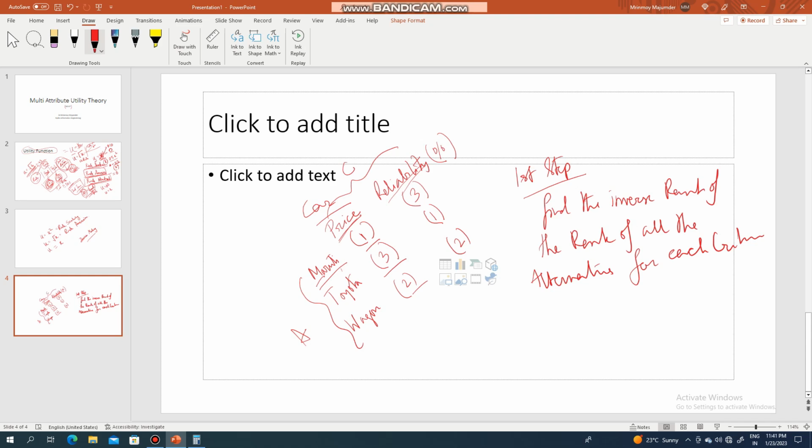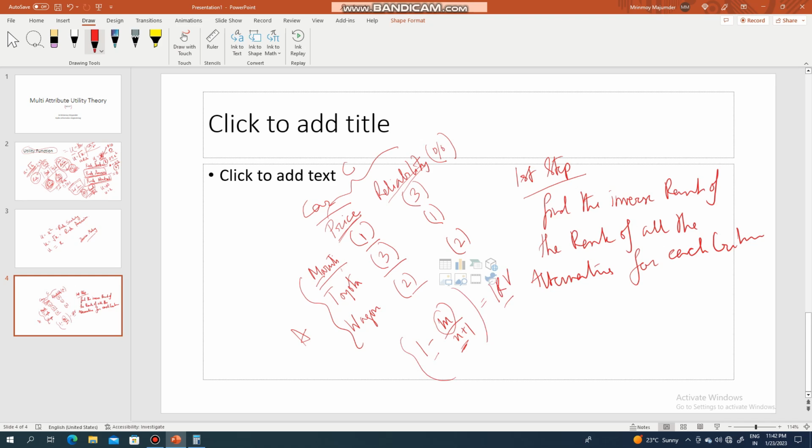For each criterion, whatever rank you have assigned to the alternatives, you calculate the inverse rank. How do you calculate the inverse rank? The formula stands like this: 1 minus m by n plus 1. Here n is the total number of alternatives, and m is the rank or position assigned to that alternative, and you deduct this ratio from 1 to get the inverse rank.